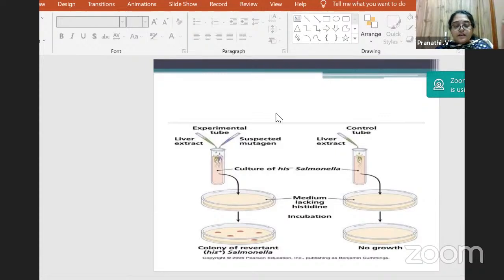So you have different kinds of repair mechanisms, which is damage reversal, which is simply that the normal structure is restored without breaking that particular backbone.